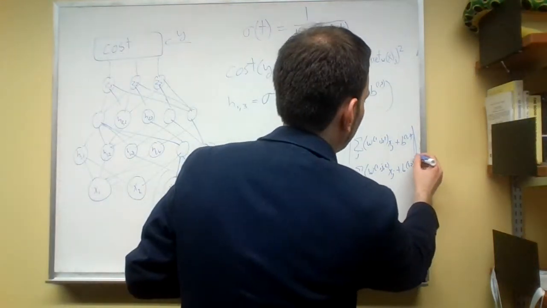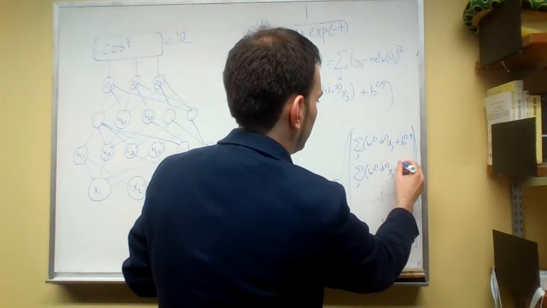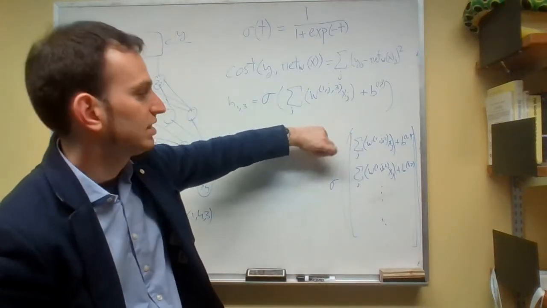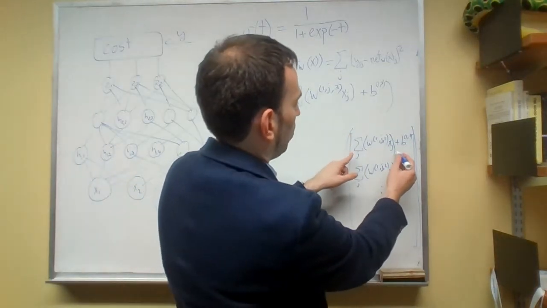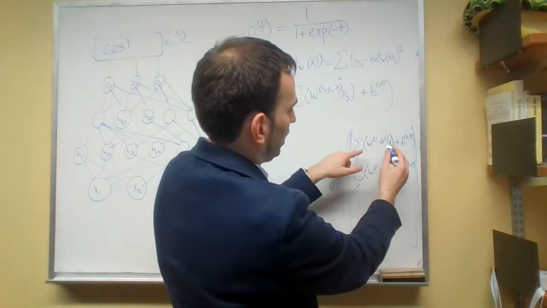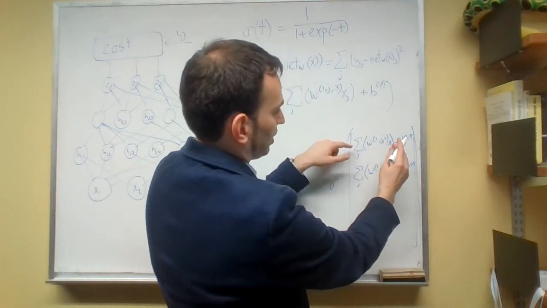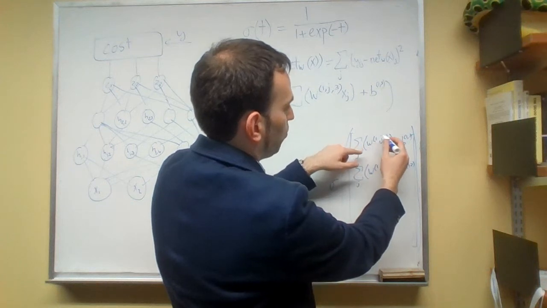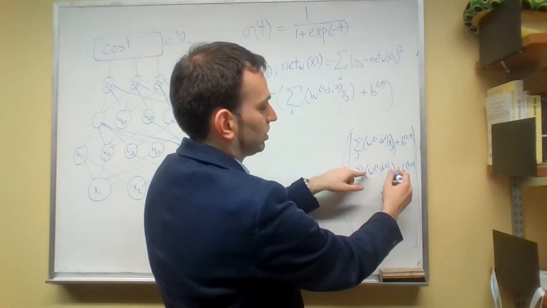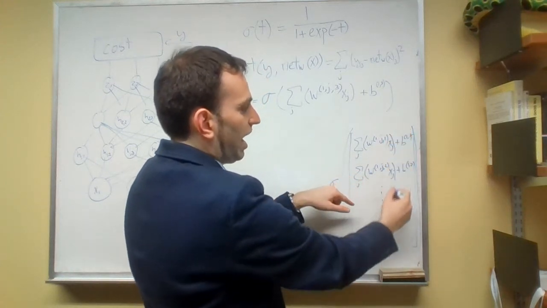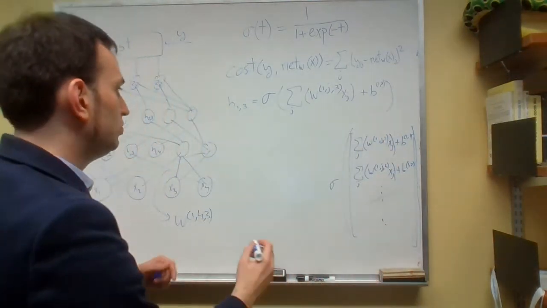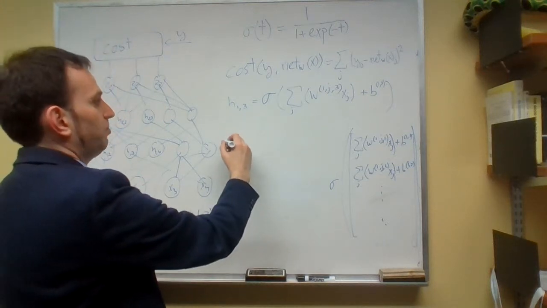Here we'll have a closed bracket and a closed bracket. The observation that you make next is, oh, this looks a whole lot like matrix multiplication. Because if I had a matrix where the W1J1s were its first row, and the W1J2s were its second row, and so on, and I multiply it by x, what I would get is this kind of thing. So what we do is exactly that. We set up that matrix.